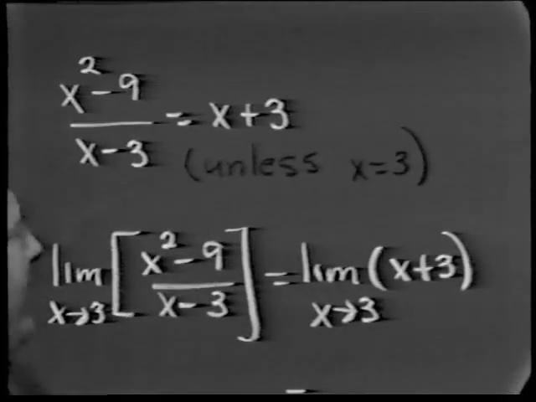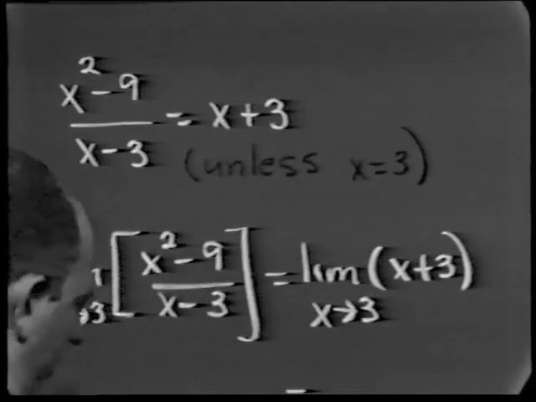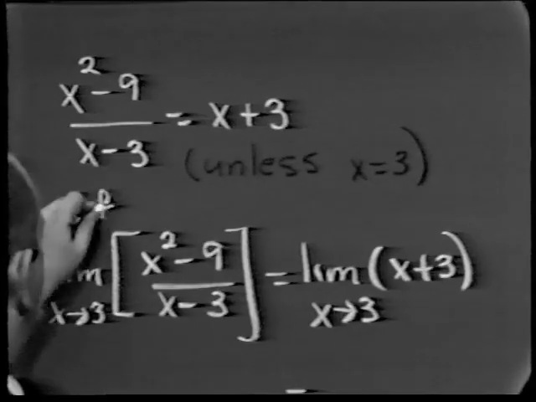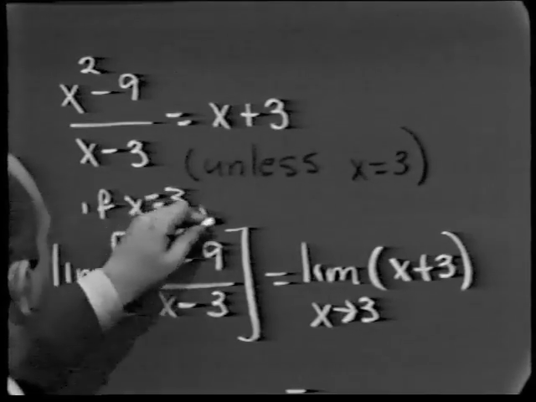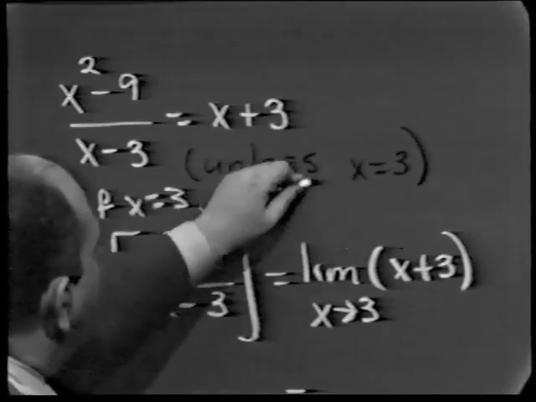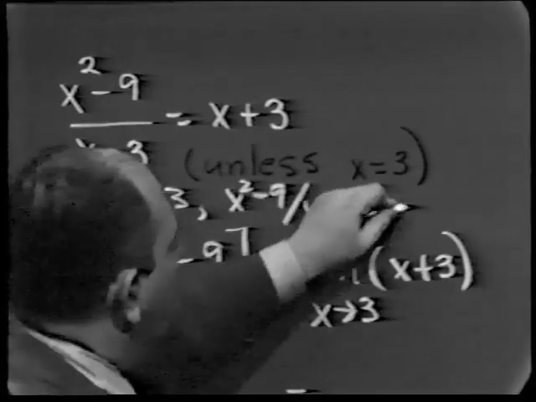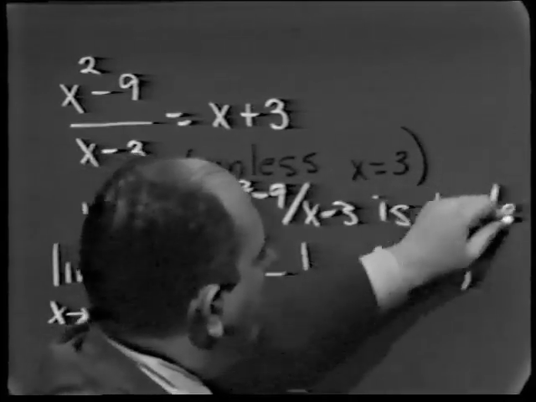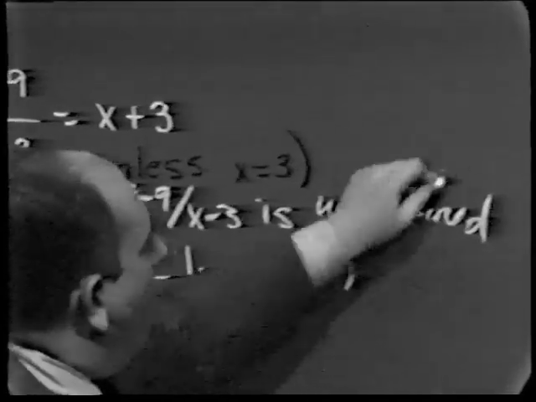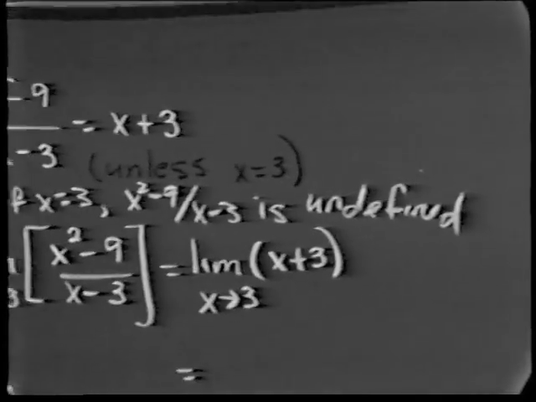And by the way, I should add here, what? That if x equals 3, then x squared minus 9 over x minus 3 is undefined. You see, that's what we called 0 over 0, undefined, indeterminate.